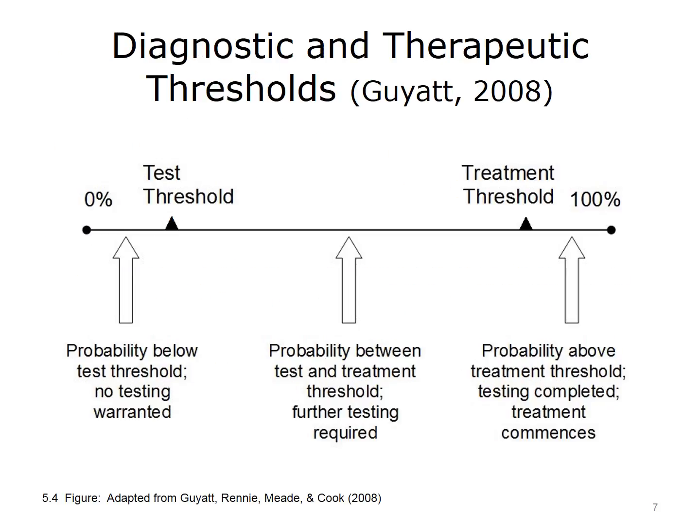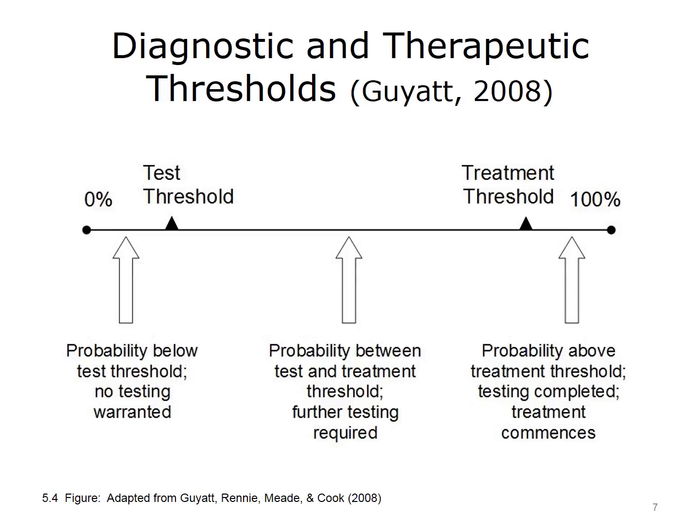Thresholds are also useful in diagnostics. This figure from Guyatt's Evidence-Based Medicine textbook shows that there's anywhere from 0 to 100% chance that a patient has a disease. Although we typically don't quantify this in routine medical practice, there's actually a threshold at which we decide to test the patient for a disease and a threshold at which we decide to treat the patient.